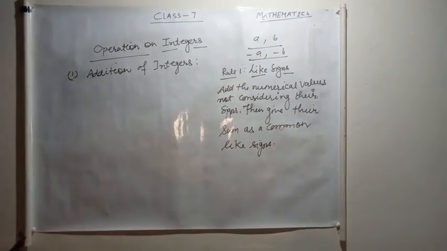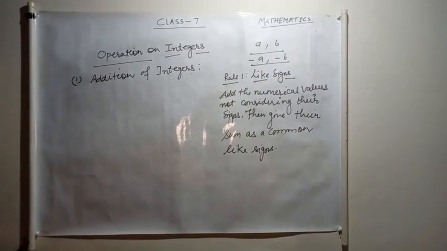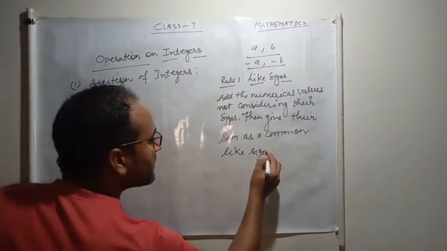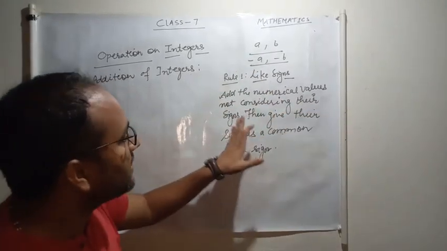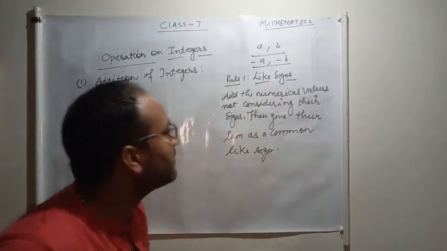Okay students, this is the first rule: add the numerical values not considering their signs and then give their sum the common like sign.